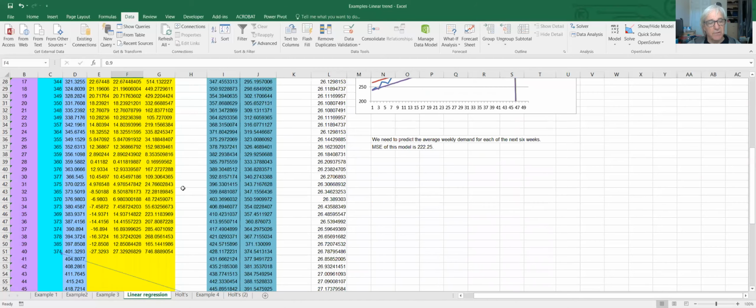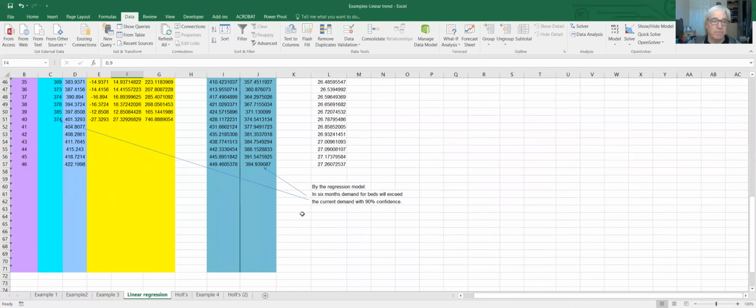So before I go to the Holtz, I want you to pay attention to just one observation. Suppose the question would be, can you argue that in 6 months from now, the demand for beds per month will exceed the current demand? Well, the current demand is 374. Current means now, month 40. And the prediction interval with 90% confidence is between 394 and 449.